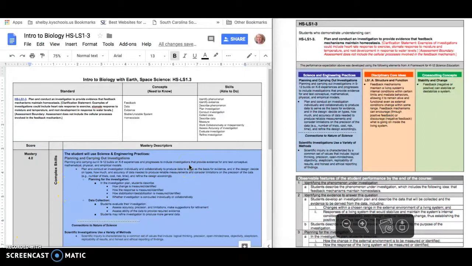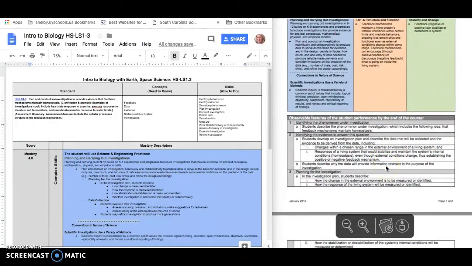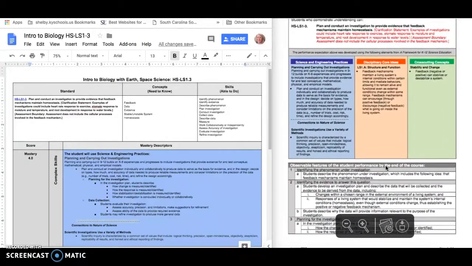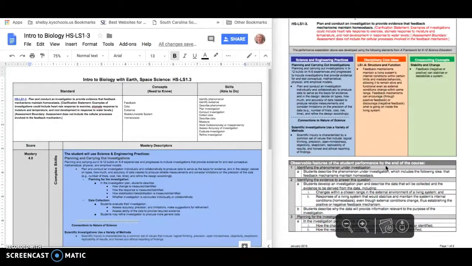So for this, I have it side by side. Here's my mastery scale, and here is my NGSS with my evidence statement below. I do not do it this way when I am making my scale.